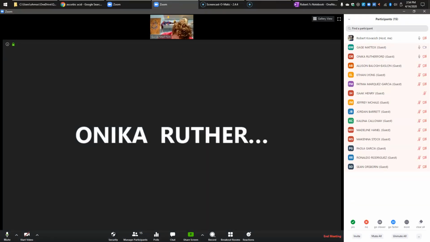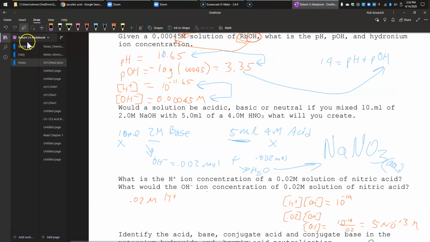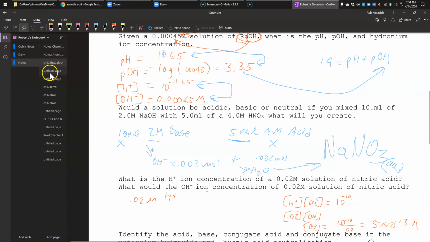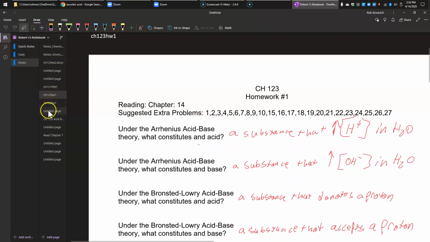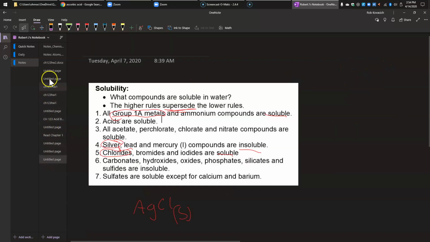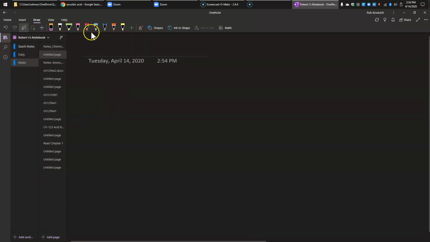Those are notes. On some Starbursts. Notes. 22. No, 23.